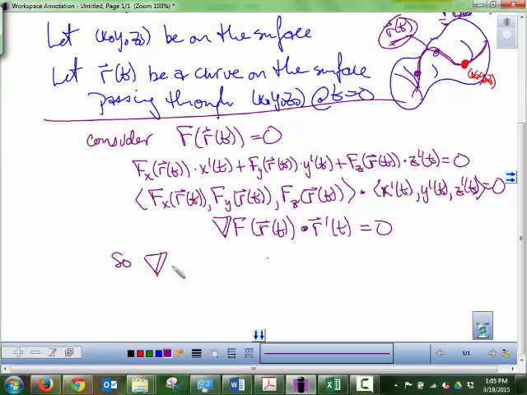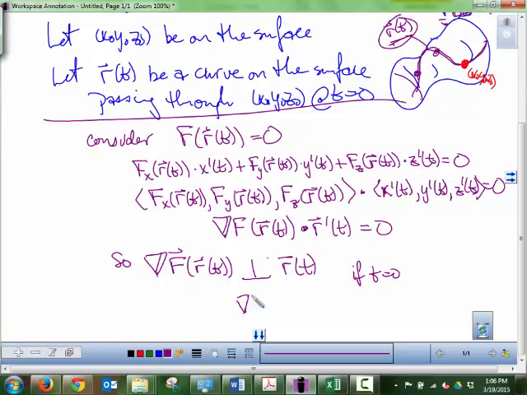So the gradient is perpendicular to a tangent vector. Didn't we do that last time? We did it for 2 dimensions. Now we're doing it for 3 dimensions. The gradient is perpendicular to the tangent. We could put 0 in for t. If t is equal to 0, then r of 0 is x naught, y naught, z naught.